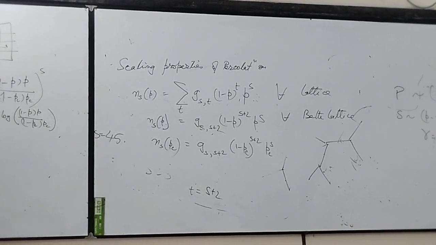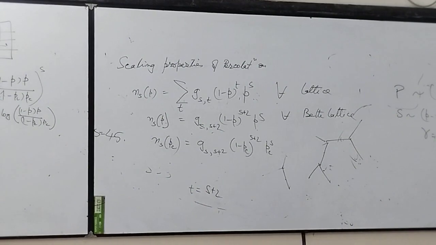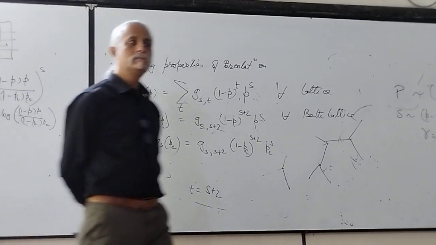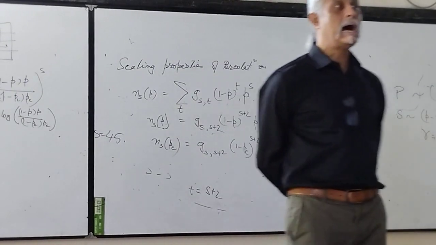Now I can define (1 minus p times p) over (1 minus p_c times p_c) equal to f(p), a function. This is the constant which is equal to half.